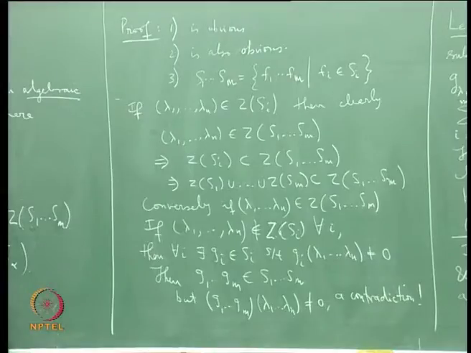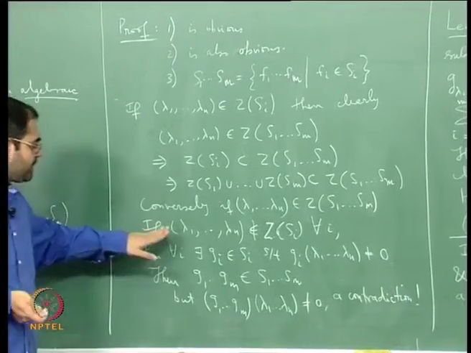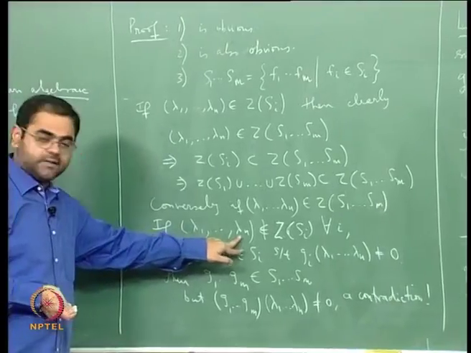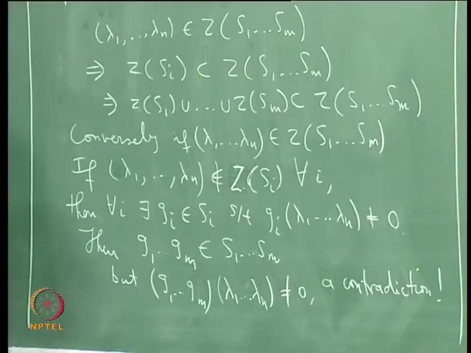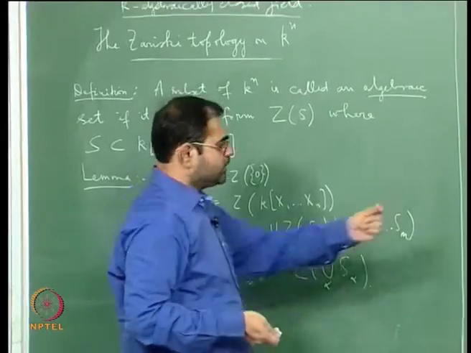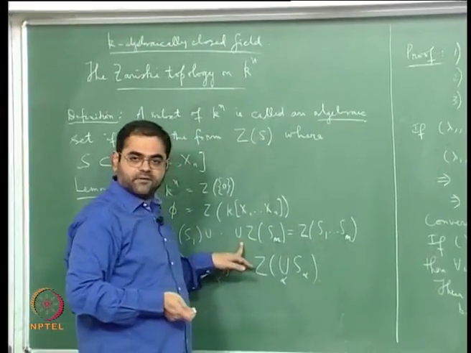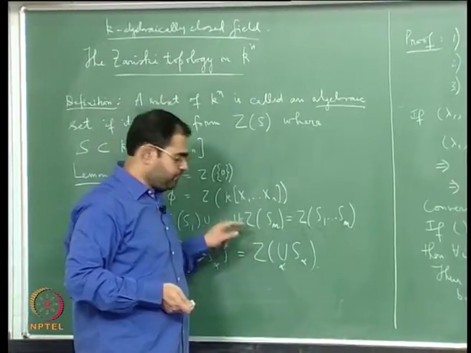So what this will tell you is that this n tuple has to belong to some Z of Si. So that will give you the inclusion of this into this and we are done.